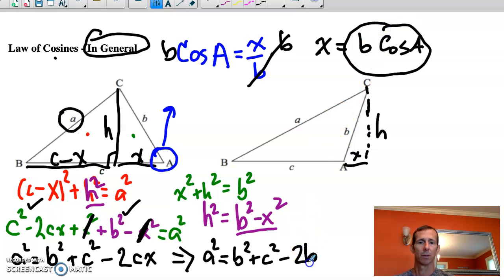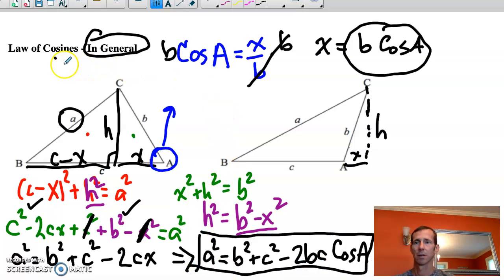And again, it doesn't matter what order I multiply, so just for sake of alphabetical order, I'll put bc instead of cb. And this is the law of cosines right up here.